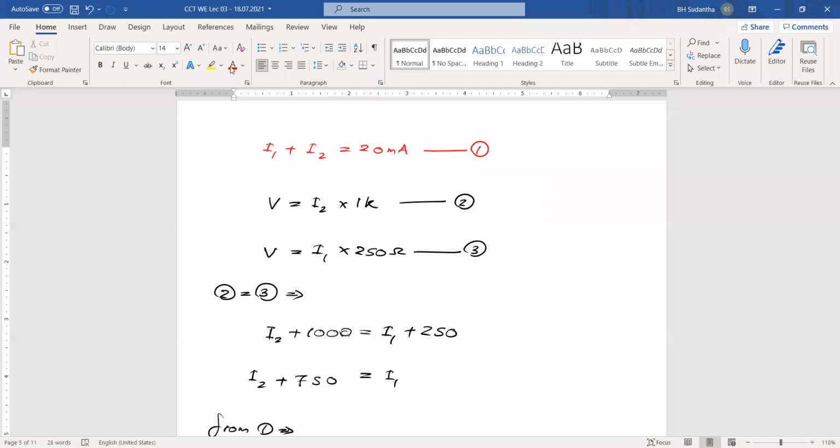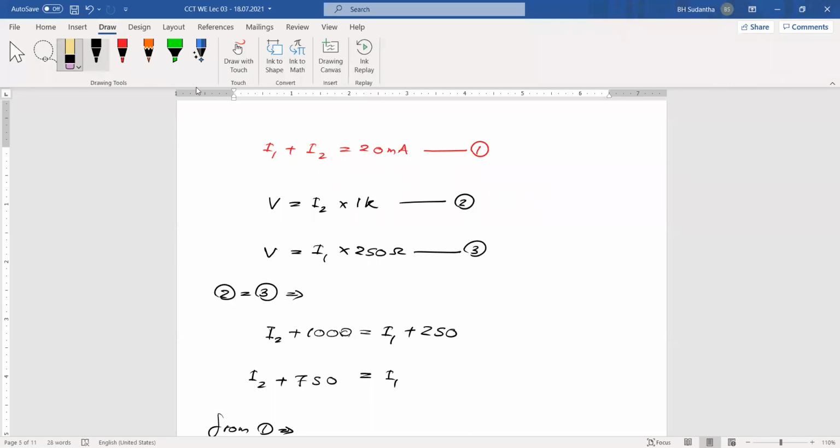We can rearrange this equation: I2 equals 0.02 minus I1.